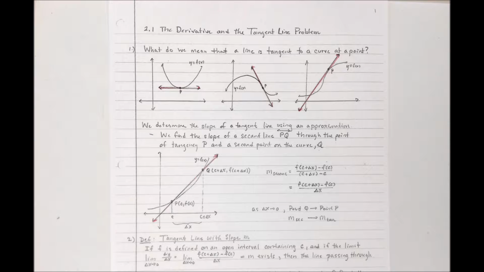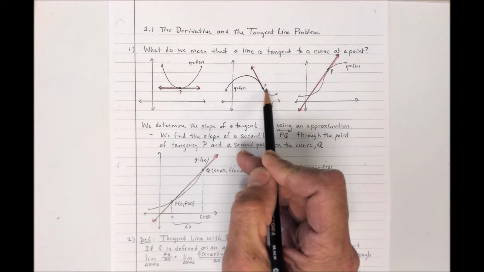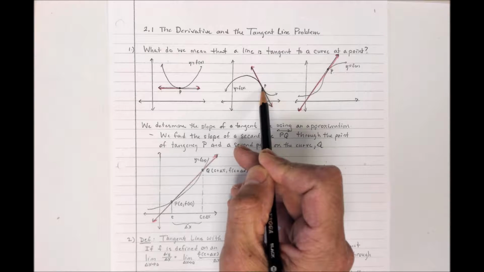But what happens if we have a curve that looks a little bit more like the one in the middle? See, it still has the single point of intersection, but the line is not on the outside, above or below the curve. It's partly above, partly below. It passes through. This point is where the curve changes from being curved downward to curved upward. We actually call this a point of inflection.